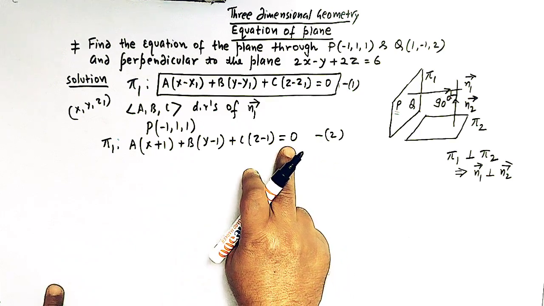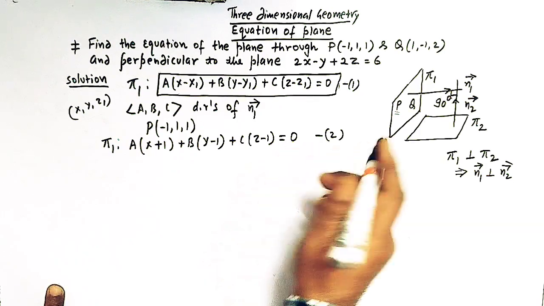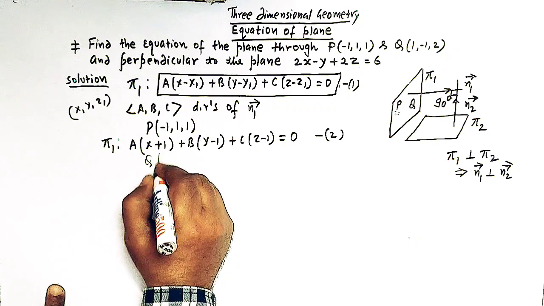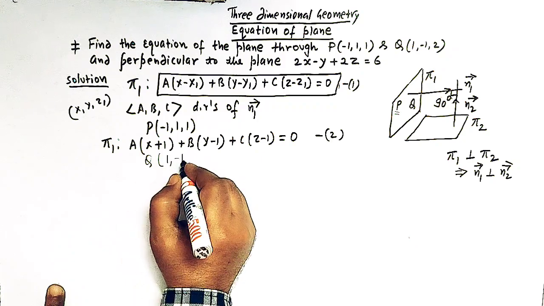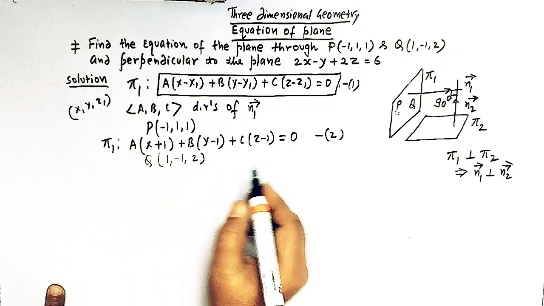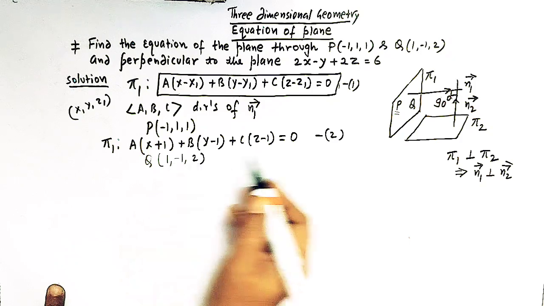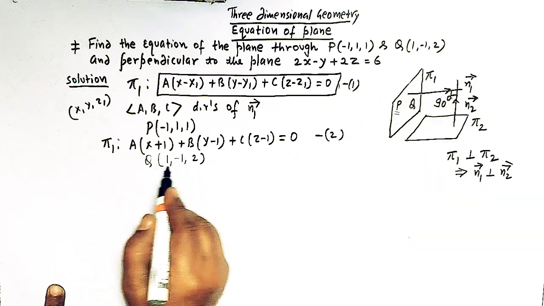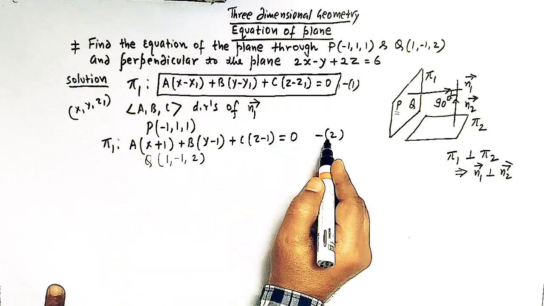So now this equation also satisfies this point, that is point Q, that is (1, -1, 2). So this point Q also lies on this plane pi 1. So this point also satisfies this equation too.